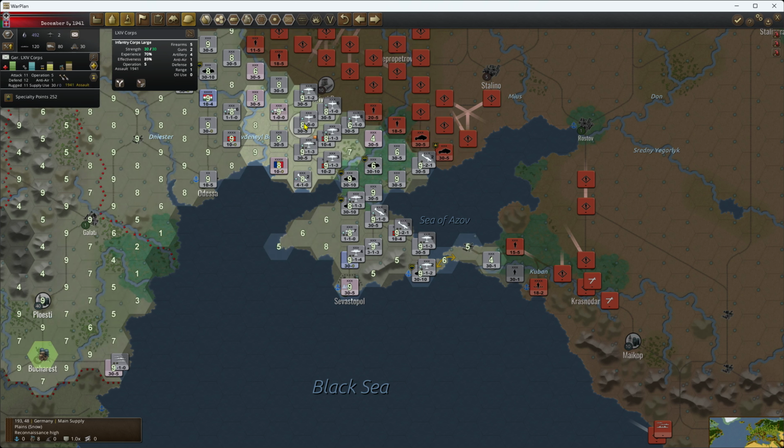Let's see what those evil Russians are going to do. Left this big hole here. I guess that's the Pripyat marshes right in here, so they don't want to go in there.